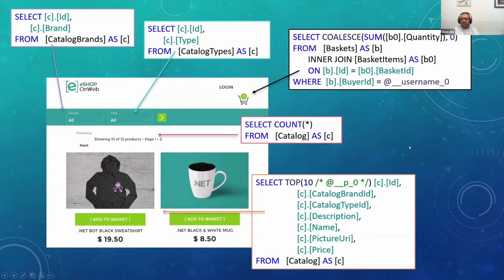And finally, we have to get the most recent items from the catalog, or the top page or something like that. For fun, there is no order in here, so we get effectively random ordering. So look at this. Five queries to render the home page of a trivial sample application.